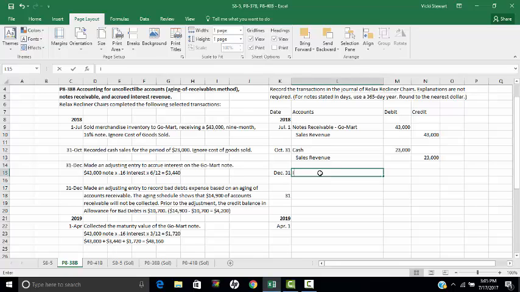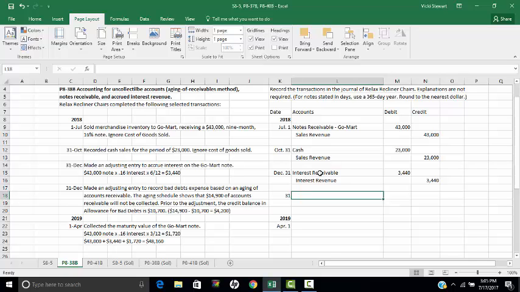So we're going to debit interest receivable, and we're going to credit interest revenue, because that amount is an accrual, an adjusting entry that we make at the end of the year. They'll pay us the interest when the note matures.